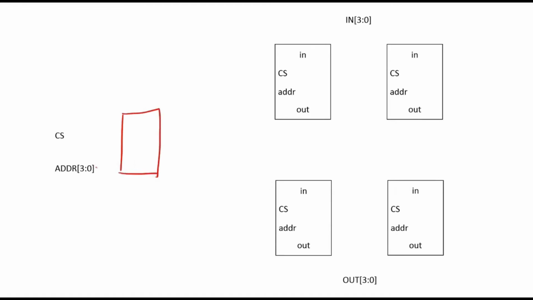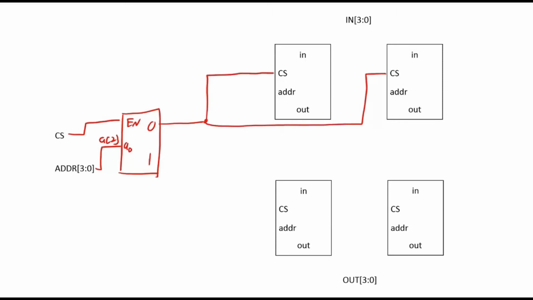So I'm going to send just address bit 2 into a decoder, which has outputs 0 and 1, and I'm going to change my chip select into an enable bit. If chip select is 0, it'll shut off everything. If chip select is 1, it's going to activate either the top row or the bottom row: if address bit 2 is 0, it's going to activate the top row. If it's 1, it's going to activate the bottom row.